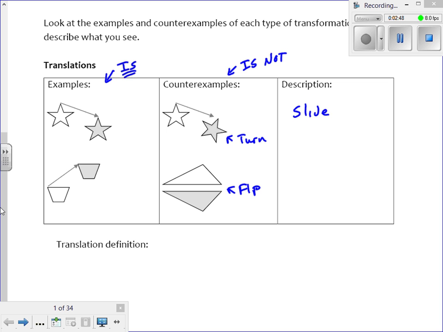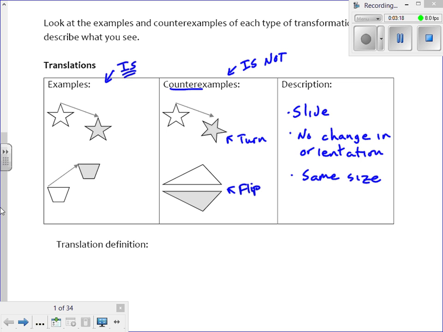And so keep in mind, a counterexample is something that is not an example. So with these two things, both look like they slide. Some other things that people mentioned yesterday, it doesn't look like the orientation really changes. No change in orientation for the examples. And then another thing pretty much everybody pointed out is it's the same size. It didn't get bigger or smaller.